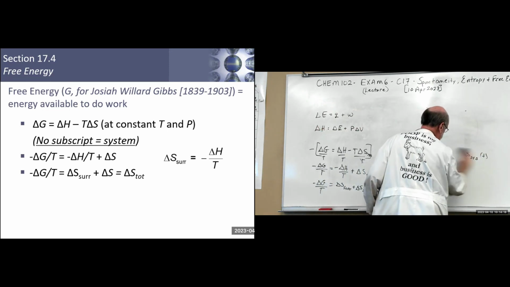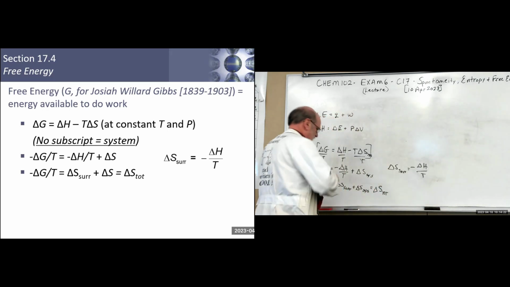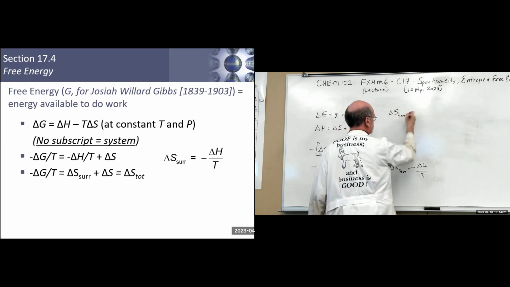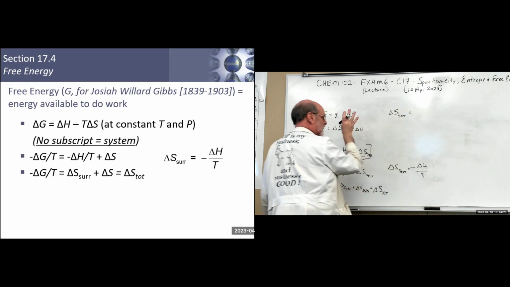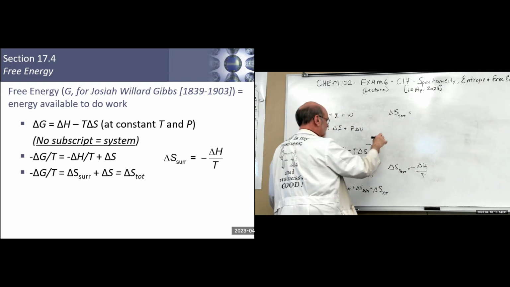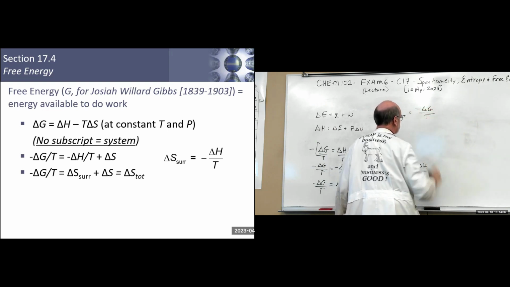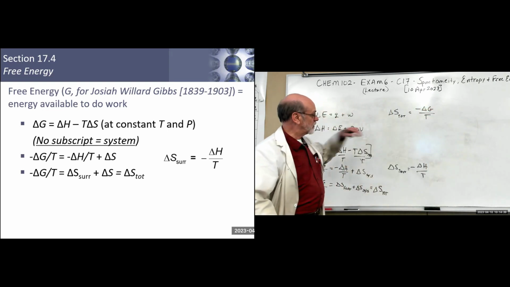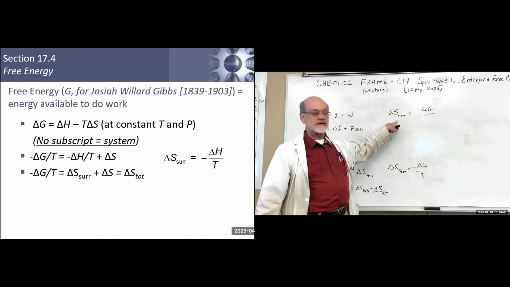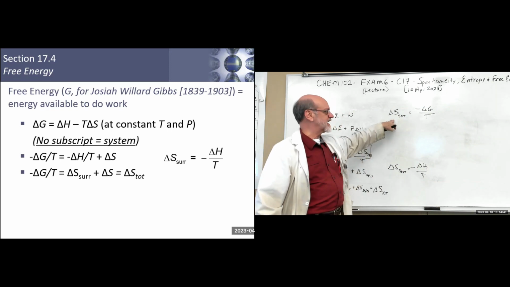The outcome of this mathematical gymnastics is that the delta S total for the process is equal to negative delta G over T. And remember, if the delta S total is positive, it's spontaneous.